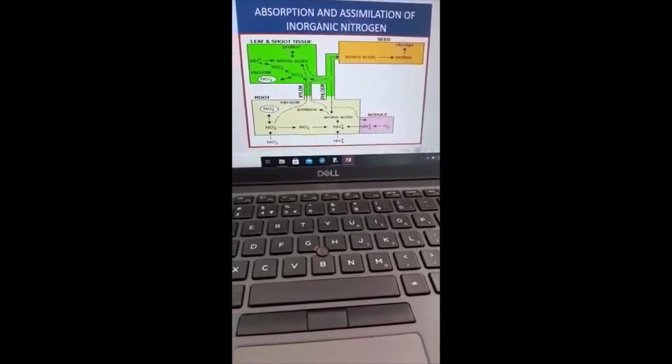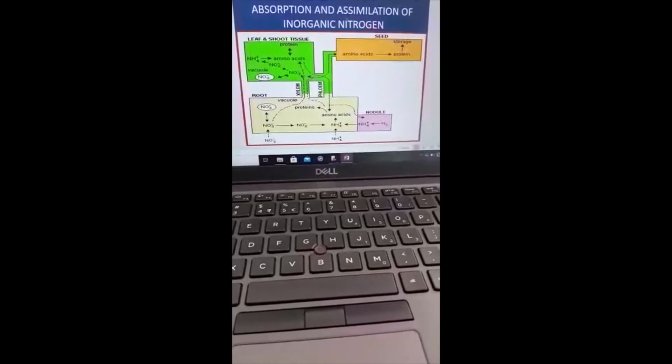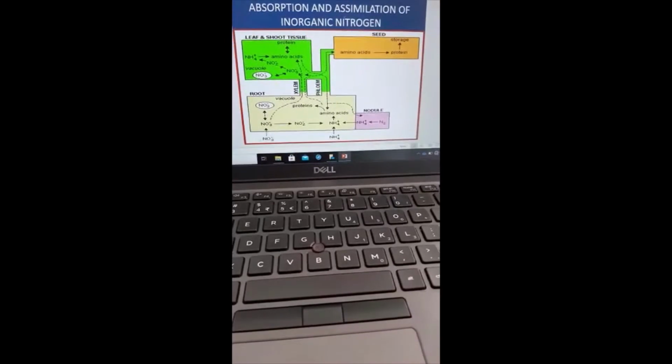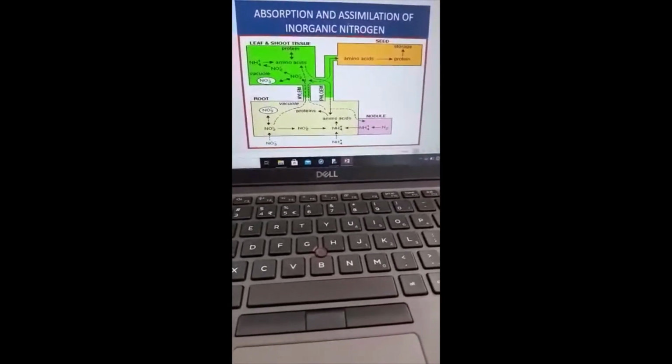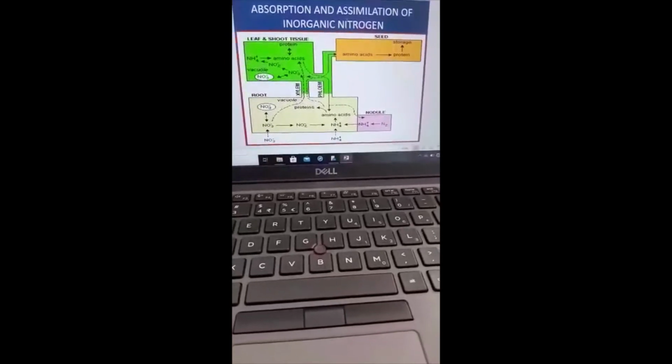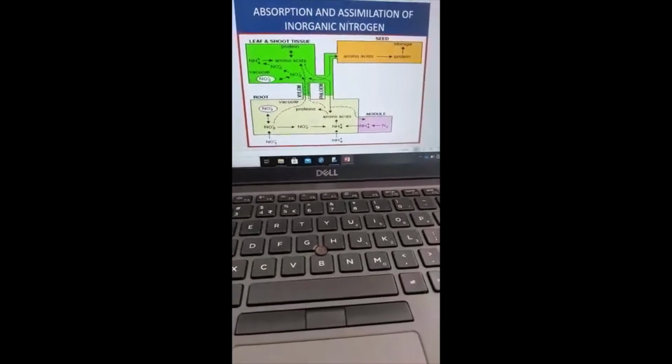So you can find nitrate being processed by the root, and therefore what is going to be transported to the leaf are the end products of the processed nitrate, which is largely amino acids.